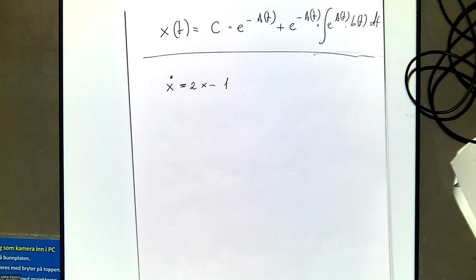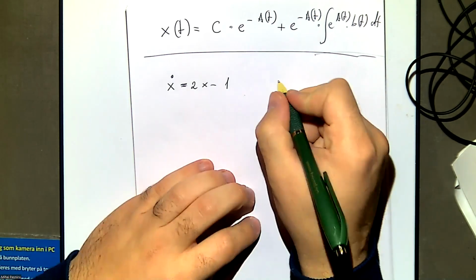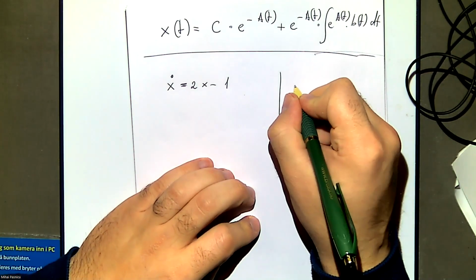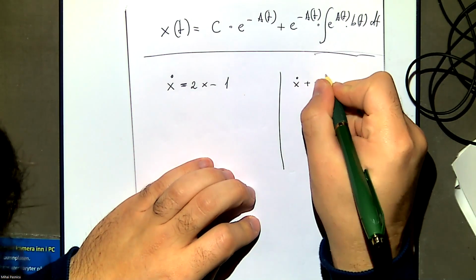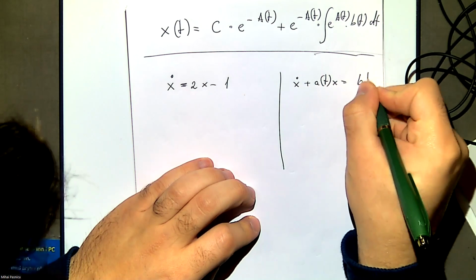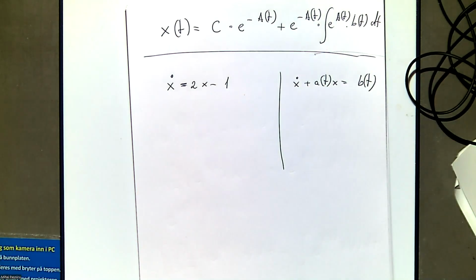So now, as I said, the first step is always to bring it to the exact same version. I know that I have to bring it to the version of x dot plus a(t)x equals b(t). So I'm going to make it look as similar as possible.